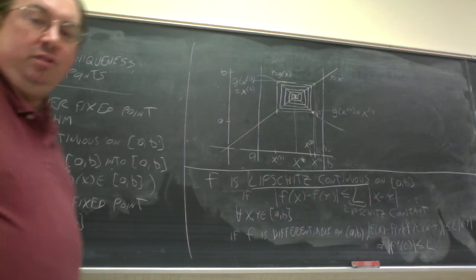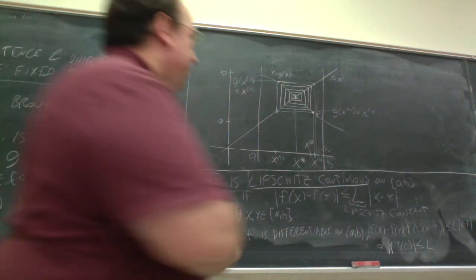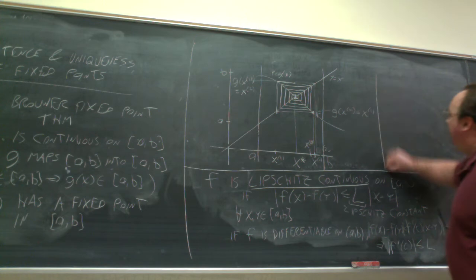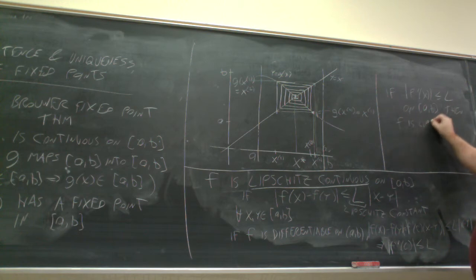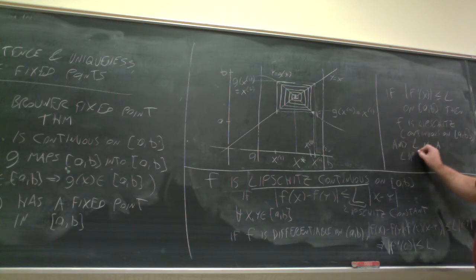So what I can conclude from this is, if f prime is bounded by some constant L on [a, b], then we can say that f is Lipschitz continuous on [a, b], and L is a Lipschitz constant.